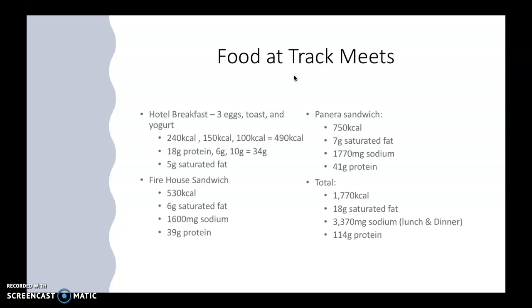So in a future video, I'm going to talk about how we can supplement these snacks. It's something you really have to be prepared for, because the other thing I wanted to mention is we're already over our sodium. You should have about 2,500 milligrams of sodium a day. And just from this Firehouse and Panera sandwich, we're at 3,370. So that's not even including hotel breakfast.